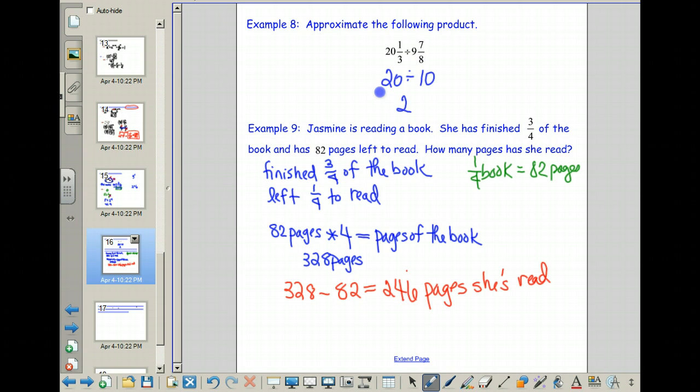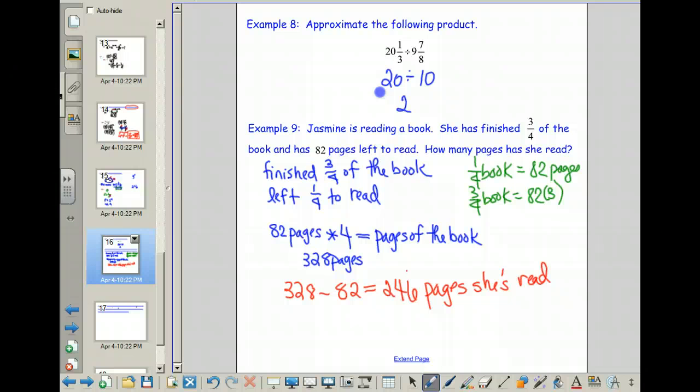So how can I find out another way of how much 3/4 of the book is? 82 times 3. So 3/4 of the book is simply 82 times 3. It's nice because it's only one step. I only do one multiplication instead of multiplying and subtracting.